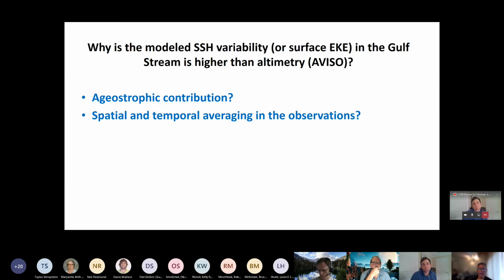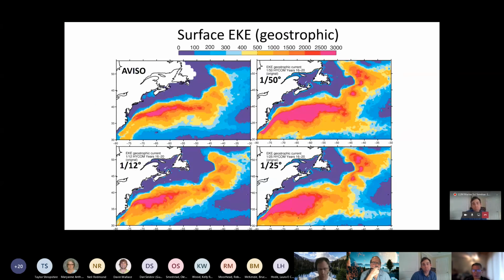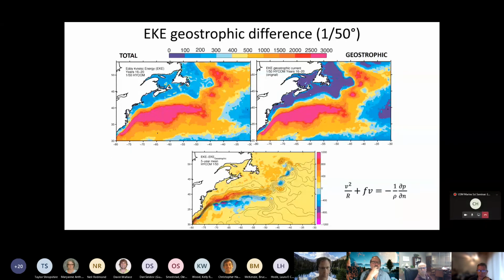So this is computed the same way as it's done in Aviso, meaning we compute the EKE using geostrophic velocity, and at quick glance, it doesn't make that much of a difference. And if we do the difference between the two, you see here on the bottom left, you have a little bit of a background in yellow everywhere, and that's due to the Ekman flow at the surface that is not taken into account when you compute the geostrophy.